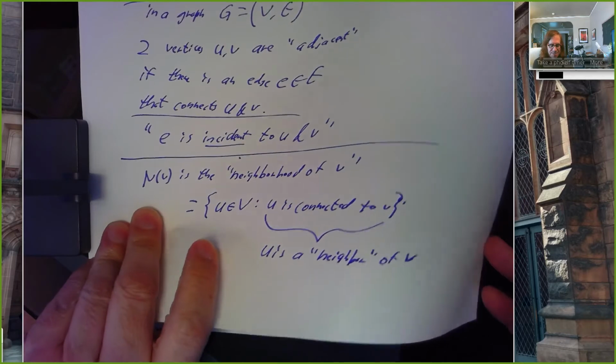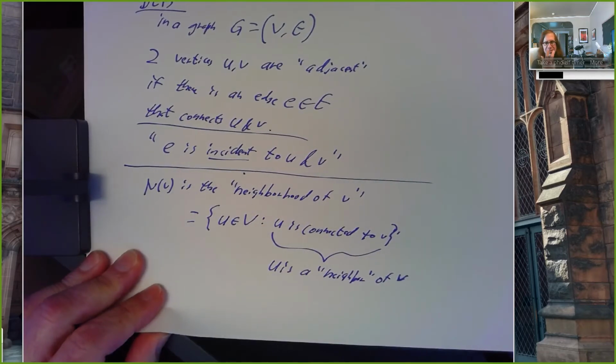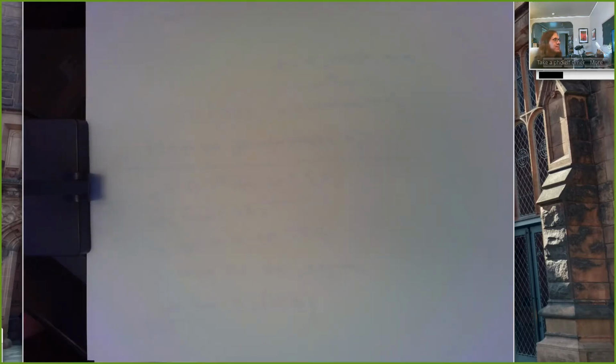All right, so we're coming up to our first theorems. Neighborhood of a vertex is the set of all vertices that are connected to that vertex.